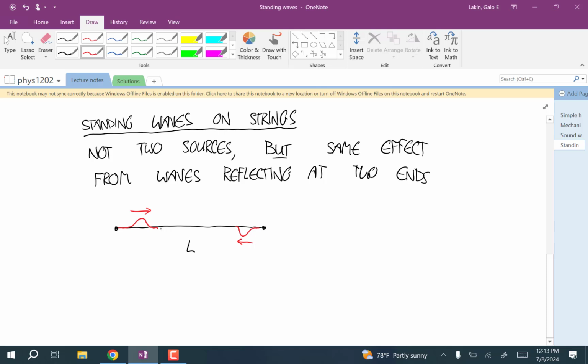And if instead of a pulse, what you have is a sinusoidal wave going back and forth, when these two waves meet each other going in opposite directions, you get an addition of the wave height at some points, a subtraction at some points, and you end up with a standing wave.